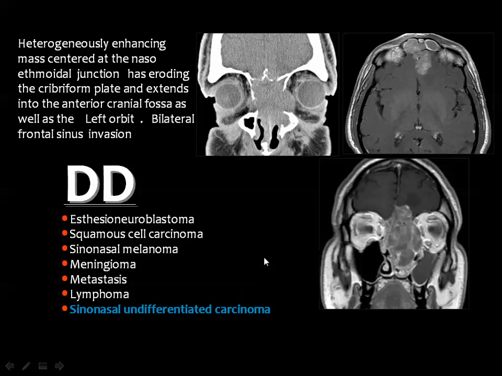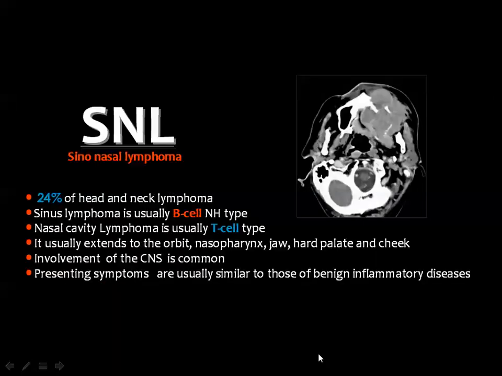These are the common lesions that can be included in the differential diagnosis. Also, you may include meningioma, sometimes melanoma, and this particular tumor, which is known as sinonasal undifferentiated carcinoma.